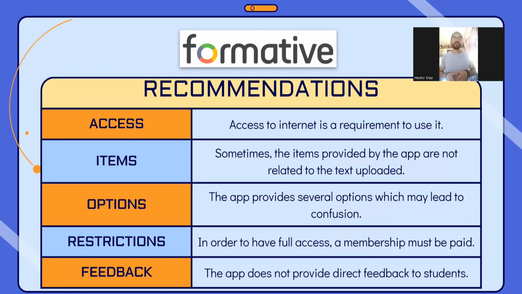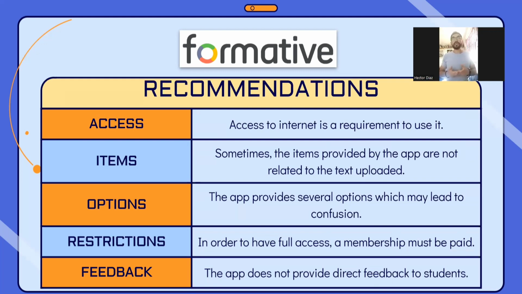Items. Sometimes, because the application is in a beta version, the items provided are not related to the text, so it is necessary to check if the questions and answers are correct. Options. The application has several options, so it may be confusing for students and teachers if they don't know the application.